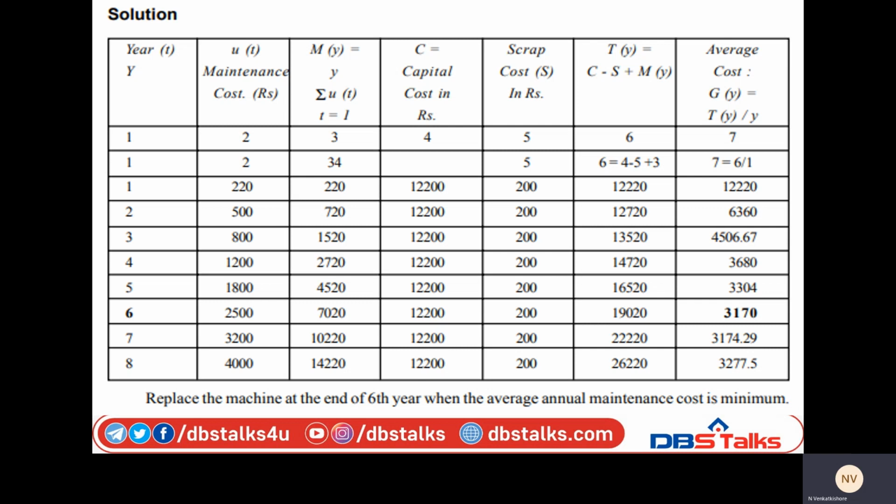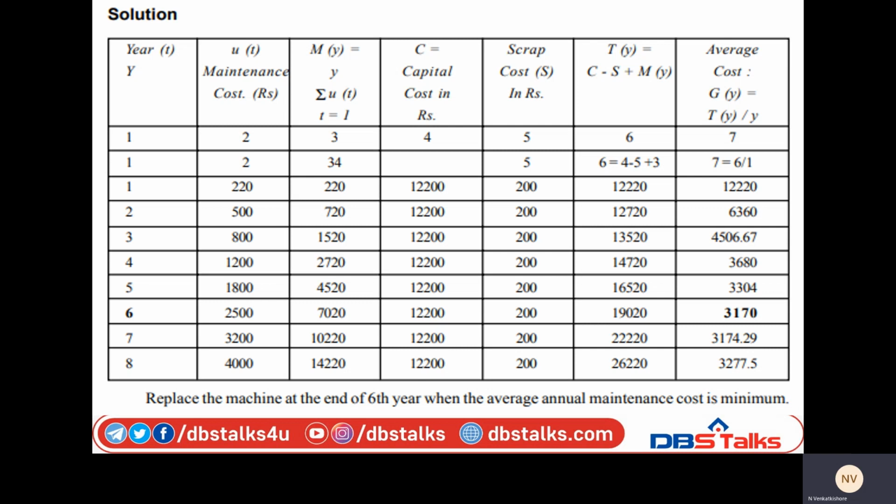Then the cumulative of maintenance: the maintenance for each year, and next the cumulative maintenance cost, that means up to first year, up to second year, like that. Then the next one, capital cost. You may shuffle the data.